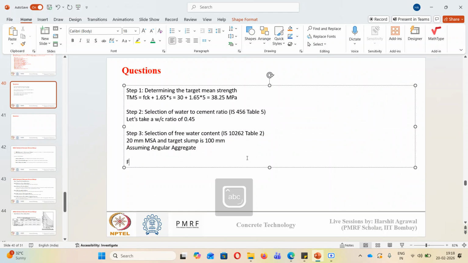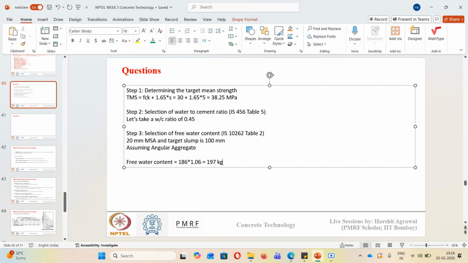So my free water content will be 186 times 1.06, which is 197 kg per cubic meter of concrete. Since nothing is given about SP dosage, we are not using that in this question. However, you can repeat the same question by assuming some SP dosage.